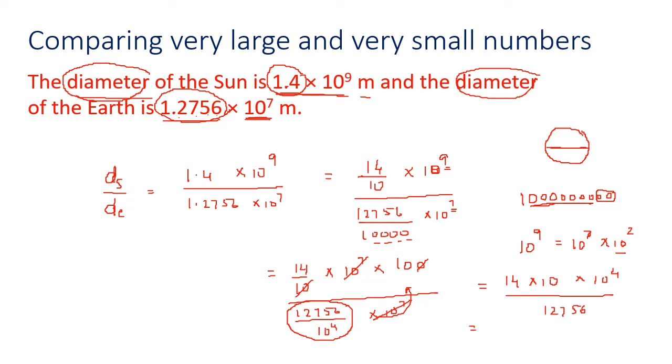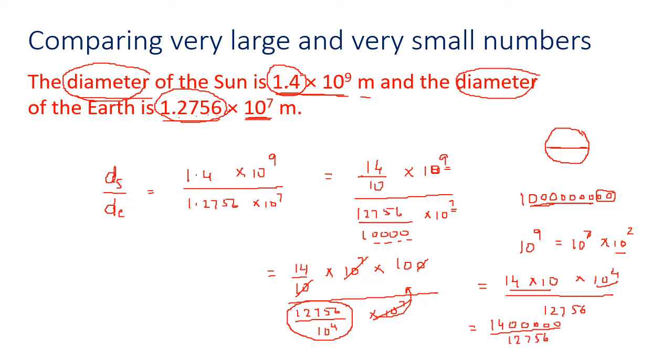Now how much is this? If you compare, what do you get? 14 tens are 140. So 140 into 10 raised to 4. So there are 4 zeros added, 1, 2, 3, 4, upon 12756.